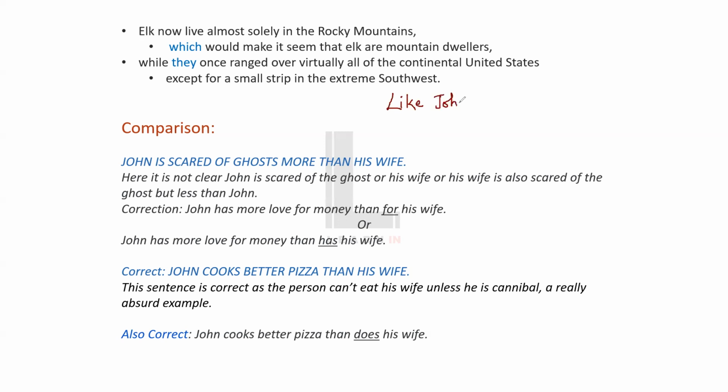Like John, his sister needs a good coach. What does this sentence say? Who is it comparing? There are three entities here. Can you name them? John, sister, and good coach.